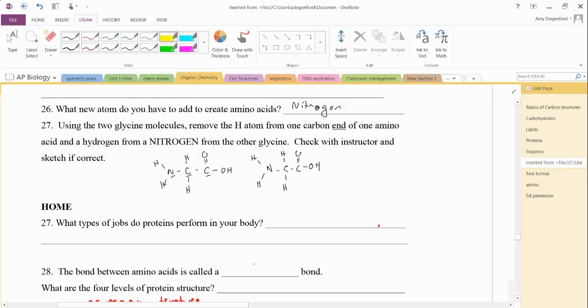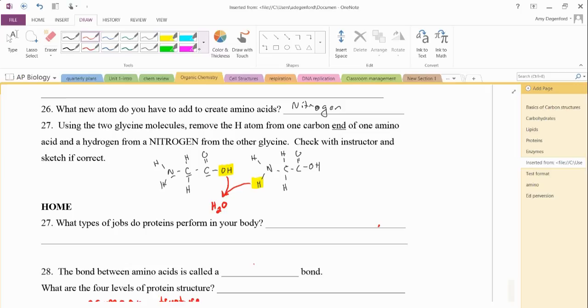And at this point, you should be thinking, I bet I see where this might be going. If we take that oxygen and hydrogen, and then this hydrogen, you might naturally start thinking, oh, I've seen this before. This is going to come together to form water.